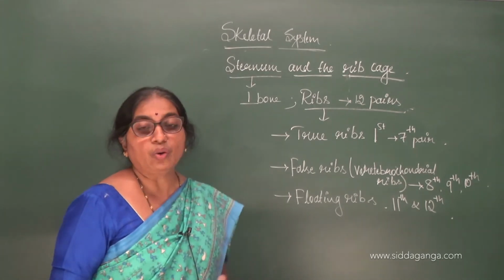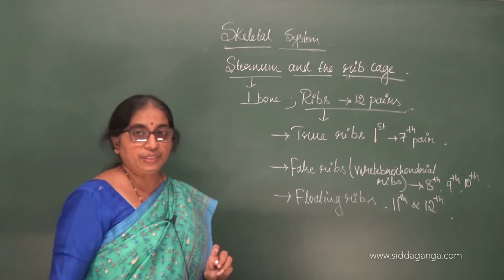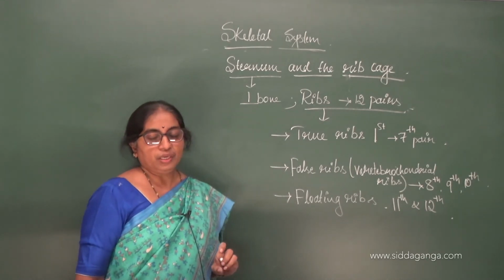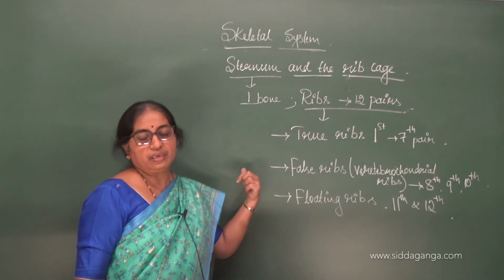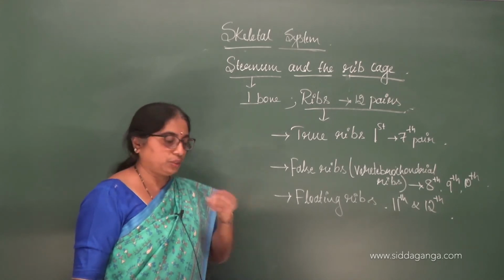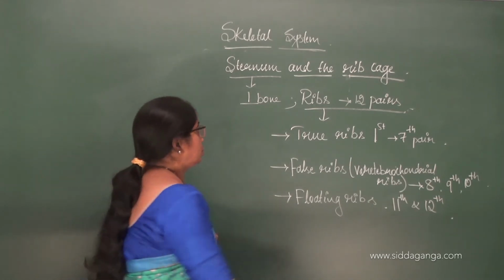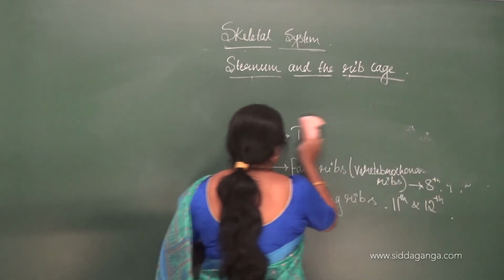Now we shall take account of all the bones of the axial skeletal system. So initially I told that the axial skeletal system comprises 80 bones. Let us take account of all the bones.